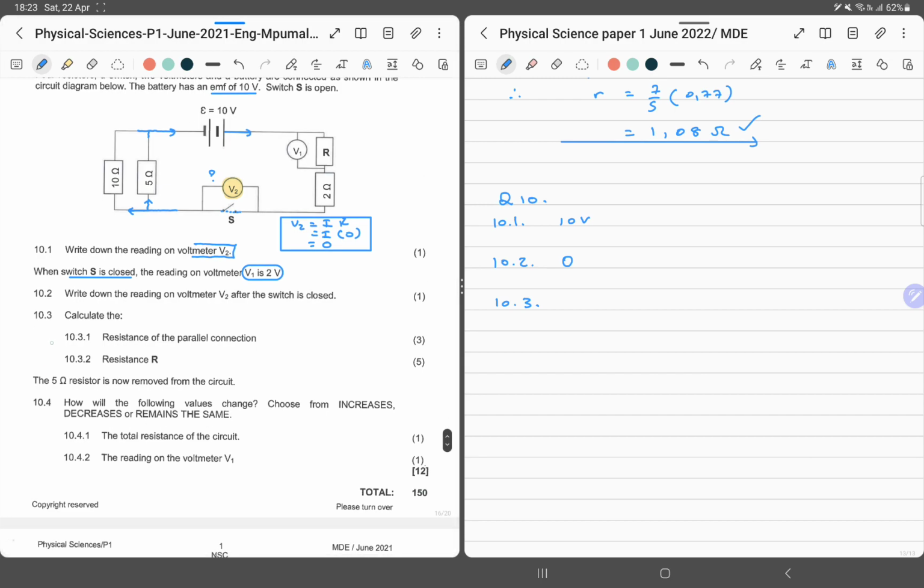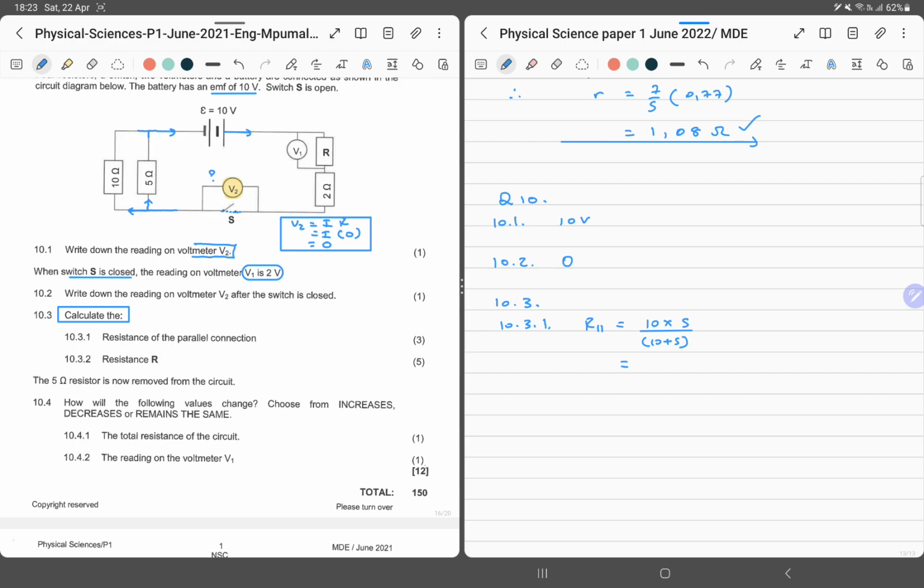10.3 says calculate. So now there's a bit of action coming. So we've got 10.3.1, the resistance of the parallel connection, easy. So R parallel is going to be product, which is 10 multiplied by 5, divided by sum, which is 10 plus 5.